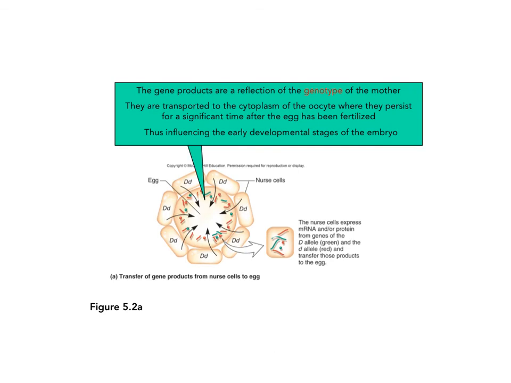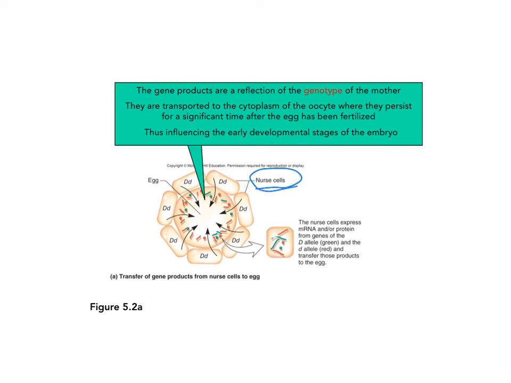So let's talk about what's really happening here. This non-Mendelian inheritance pattern of the maternal effect genes is explained by the process of oogenesis in the female animals. Maturing oocytes are surrounded by maternal cells referred to as nurse cells.